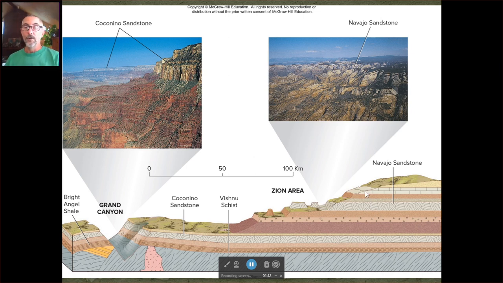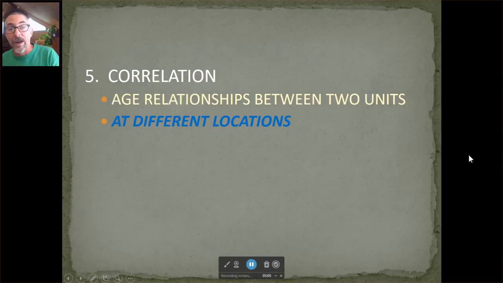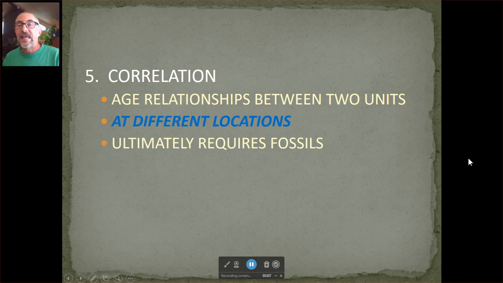We could drill into the area of the Navajo sandstone and eventually reach with our drill bit the Coconino well below that. So in this case, visual correlation kind of lets us down. So ultimately, in order to correlate correctly, you need to be using fossils.